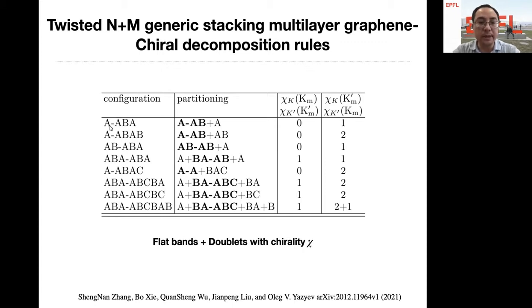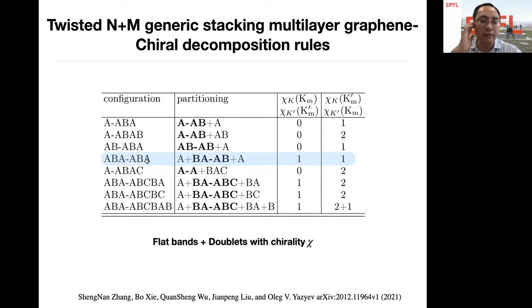First, we need to focus on the twisted layers, and we find the longest segment close to the twist interface. For example, if we look at ABAB and do the chiral decomposition of the graphene multilayers, this can be decomposed as 1 plus 2 or 2 plus 1, right? But if it's just trilayer graphene, it doesn't matter whether we decompose it as 1 plus 2 or 2 plus 1.